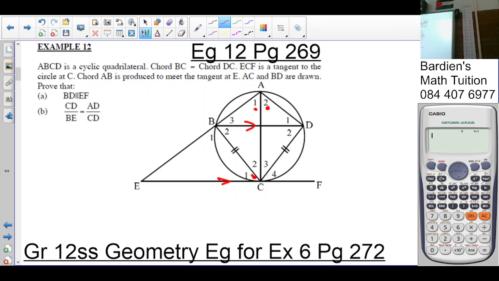So if lines are parallel, we know that alternate angles are equal, corresponding angles are equal, and co-interior angles are supplementary. So when we prove these lines are parallel, we prove one of those cases where alternate angles are equal, corresponding angles are equal, or co-interior angles are supplementary. Okay?